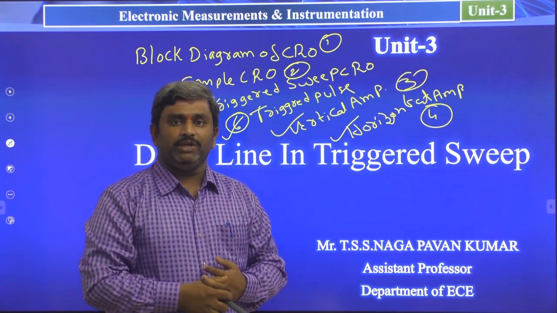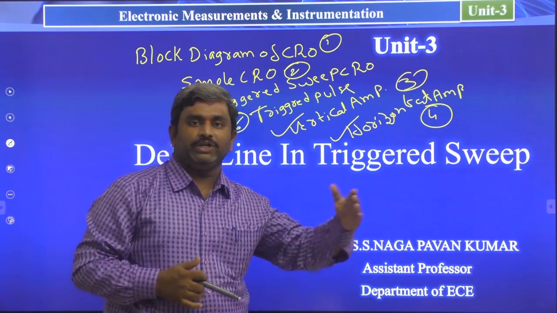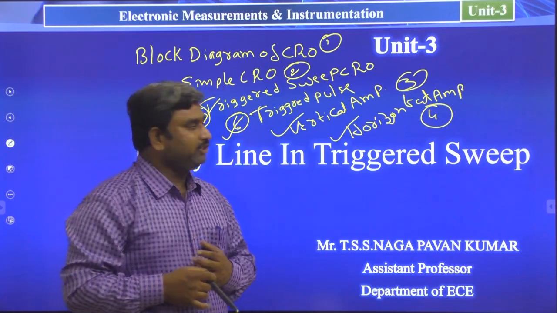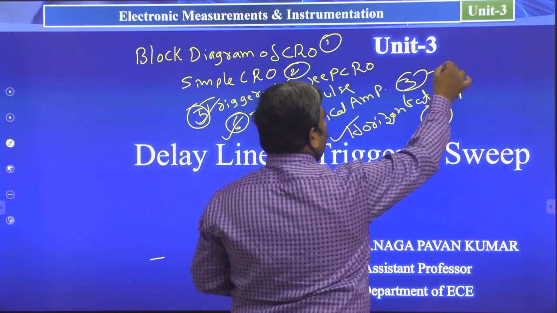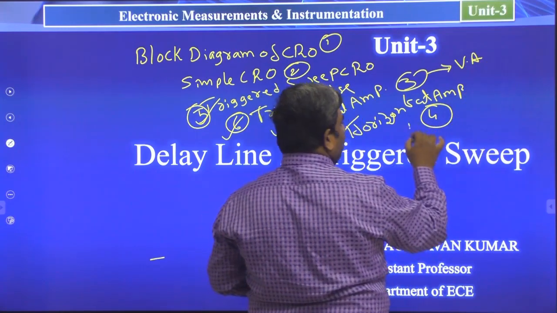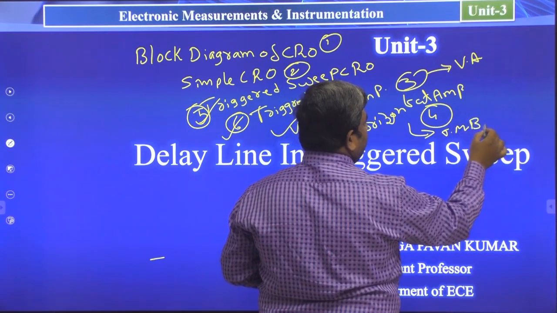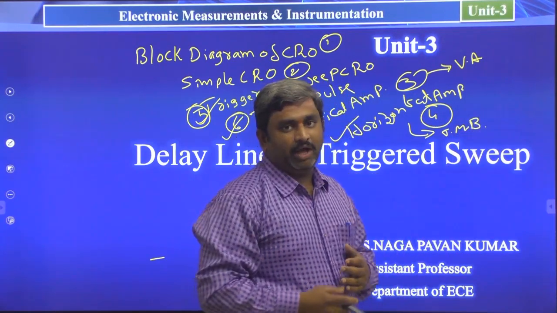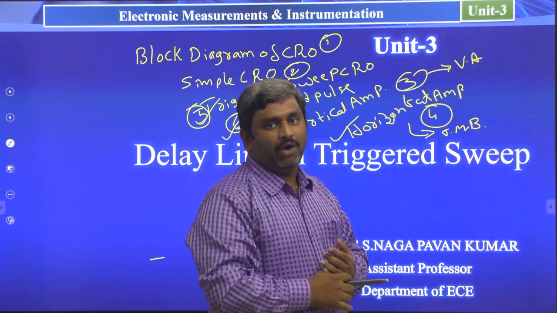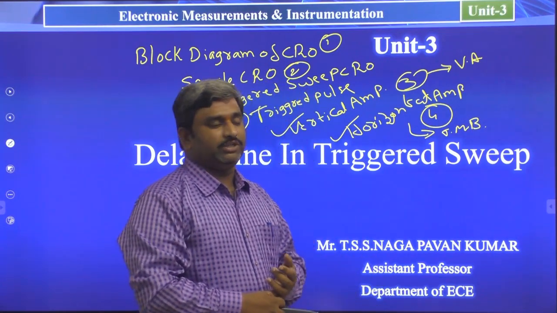Okay, so coming to here, we have some different circuitry in the horizontal direction and the vertical direction. In the vertical direction, we have one vertical amplifier only, and in the horizontal direction, we have a time-base generator, or a sweep generator, and we have a horizontal amplifier. Then we are giving to the horizontal deflection plate system.